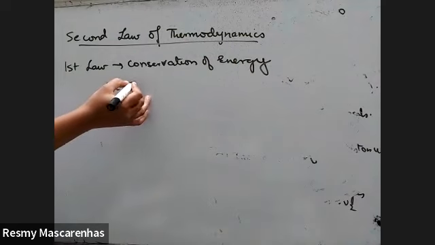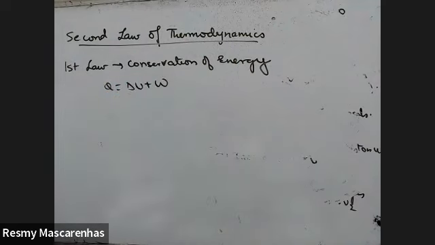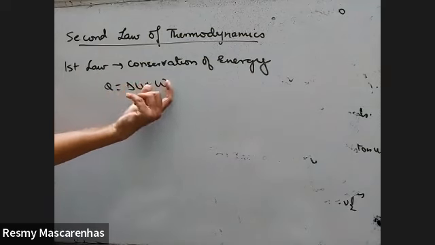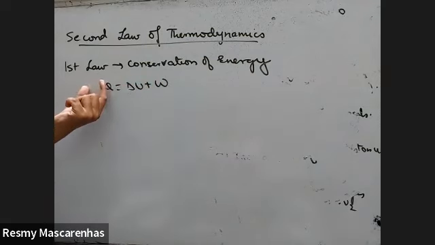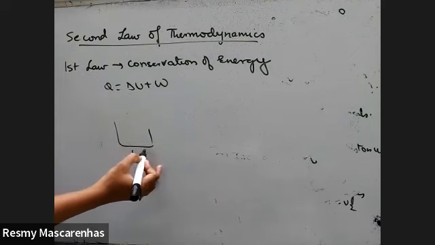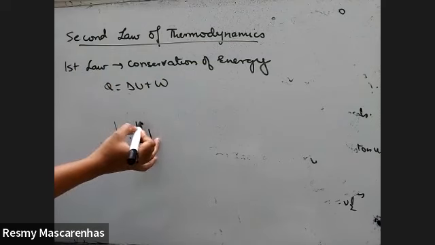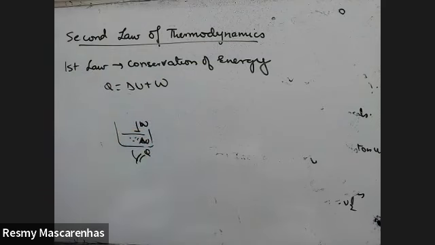Q is always delta U plus W. Nothing is lost to the surroundings. Whatever work plus internal energy equals the heat supplied. Everything is getting utilized. Whatever Q you're supplying goes to internal energy plus whatever work you're doing. Total is equal to this.